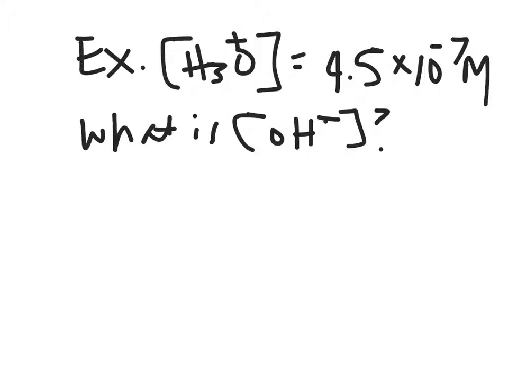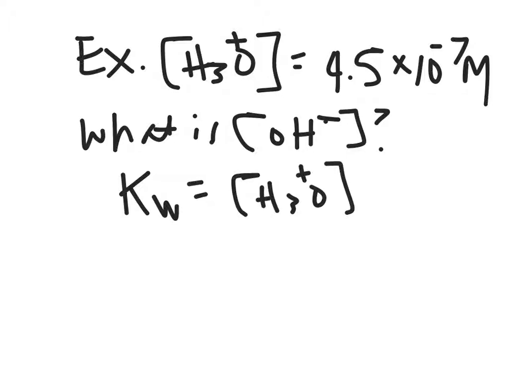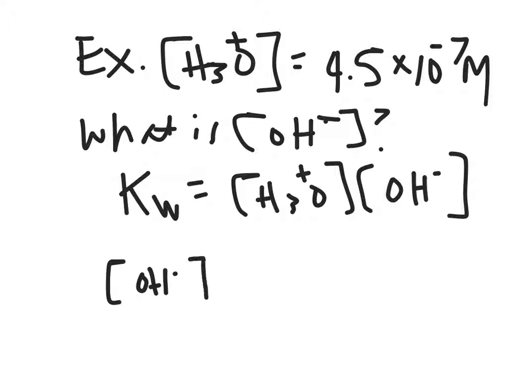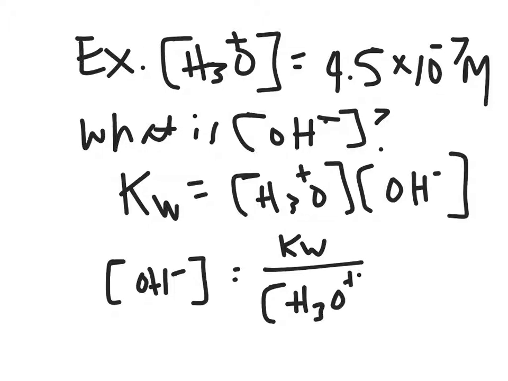Well, since the Kw is constant, the hydronium ion concentration times the hydroxide ion concentration, we can solve for the hydroxide ion concentration. It would be the Kw value divided by the hydronium ion concentration.